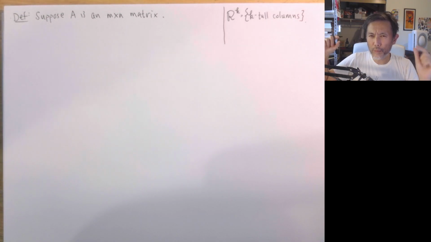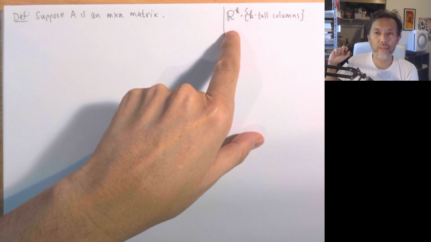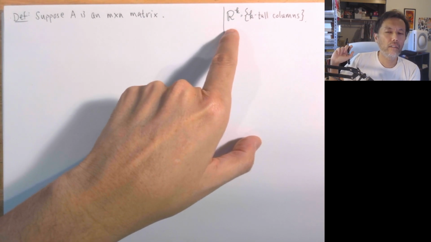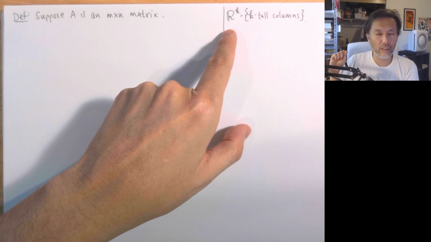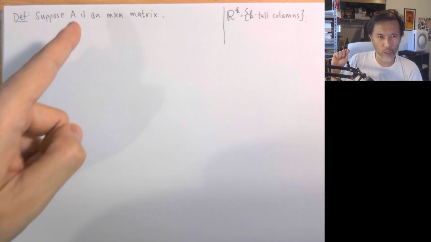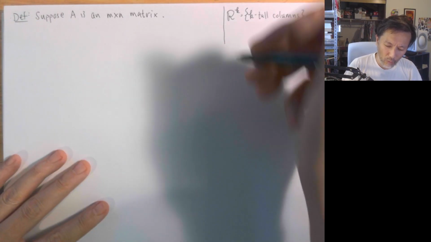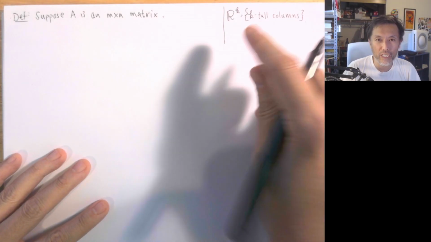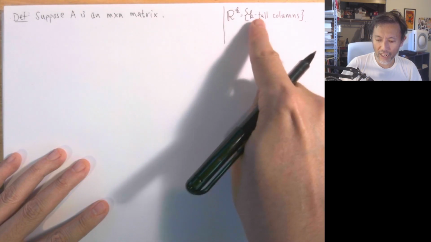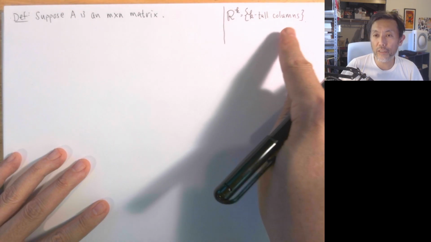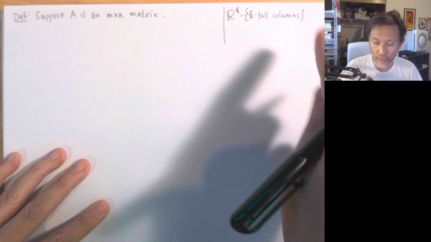Those, strictly speaking, don't live in this space. So you would like to distinguish the rows from that. If I want to be very careful, we would need a different notation, not for the k-tall columns but for the rows, the row vectors.